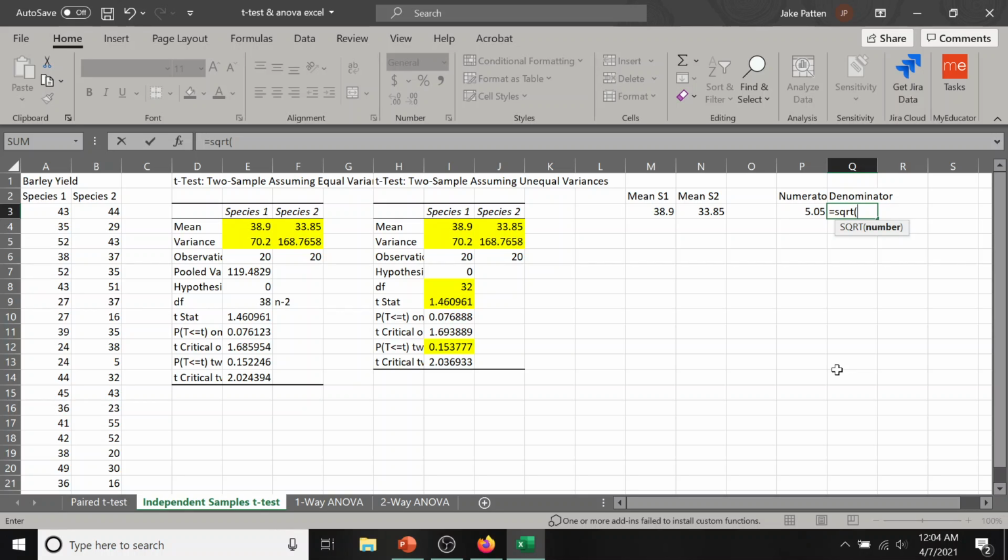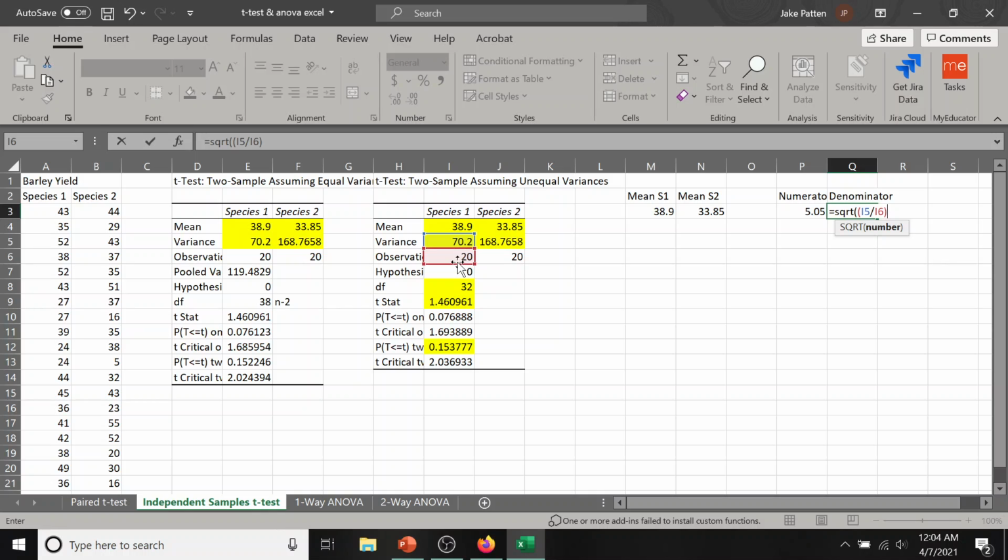But next, we're going to put in another open parenthesis because we're going to put the squared standard deviation, which is the variance. So we already have the squared standard deviation over n. So the square root of 70.2 over n.